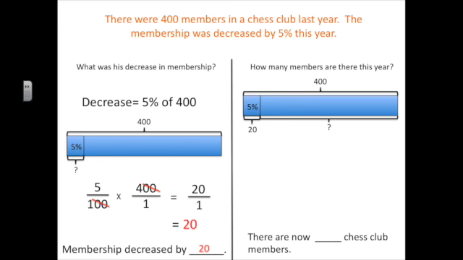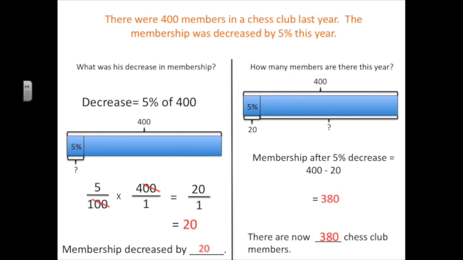We're looking for the missing part here. To find the missing part, or what membership was after the 5% decrease, we take the full amount, 400, and subtract the 20 people who are no longer in chess club, which equals 380 members. So there are now 380 chess club members.